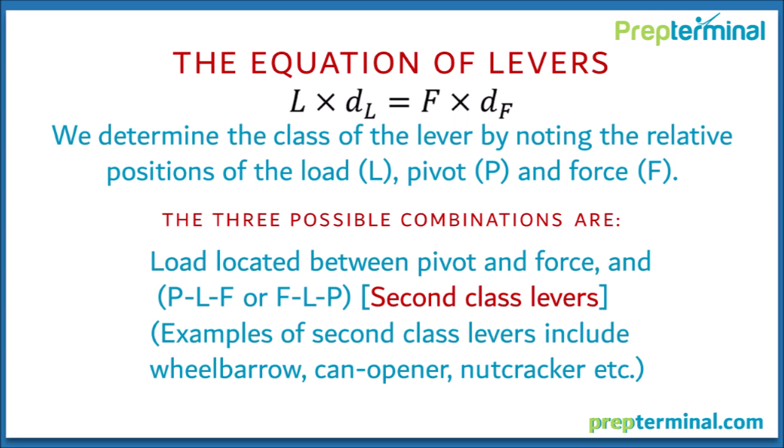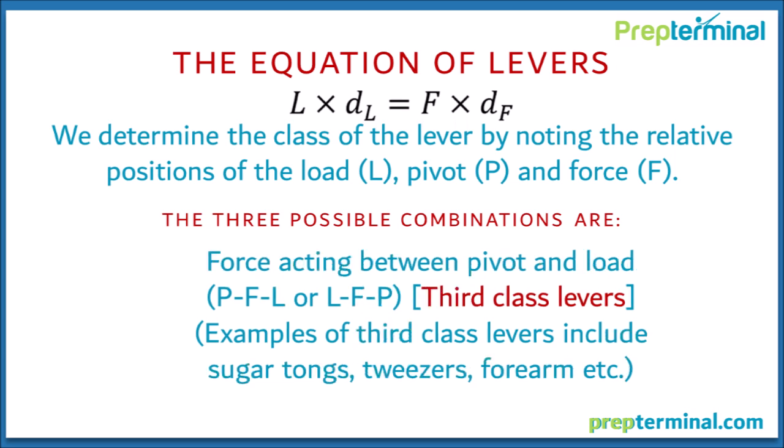Second-class levers. Examples of second-class levers include wheelbarrow, can opener, nutcracker, etc. Force acting between pivot and load, PFL or LFP. Third-class levers. Examples of third-class levers include sugar tongs, tweezers, forearm, etc.